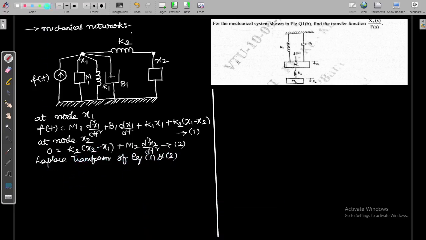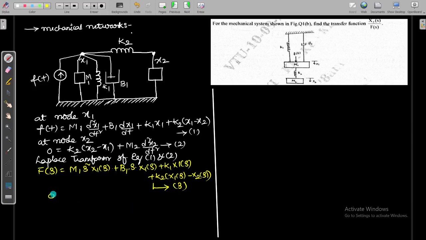If you take the Laplace transform, F(s) equals m1 s² X1(s) plus b1 s X1(s) plus k1 X1(s) plus k2 into (X1(s) minus X2(s)). So this is equation number 3.